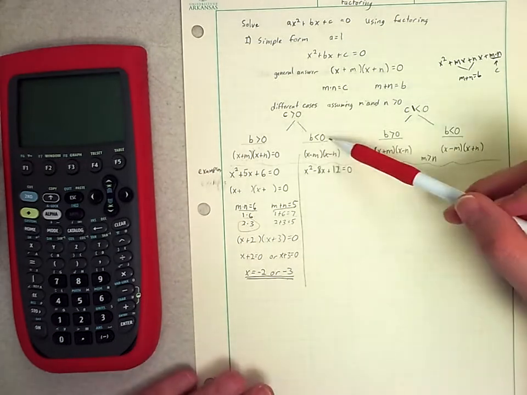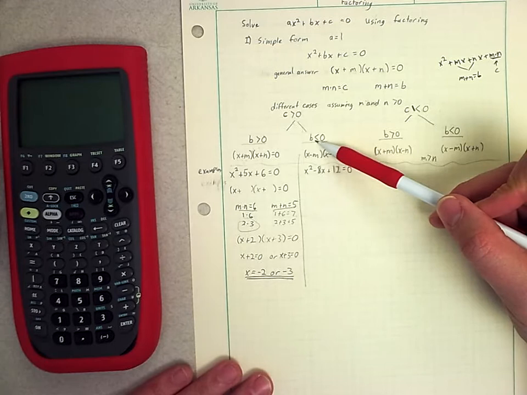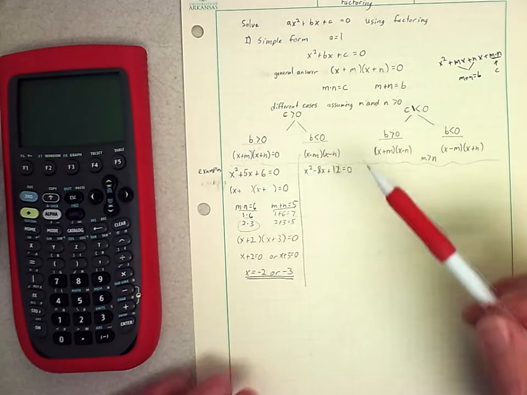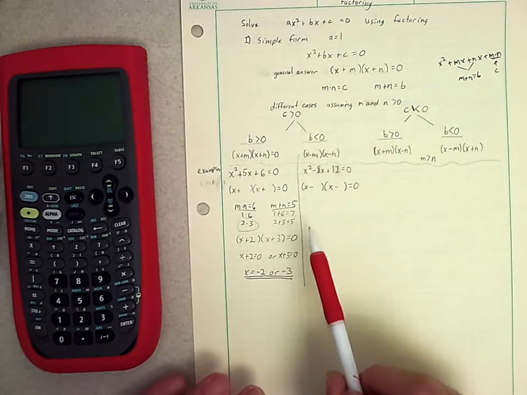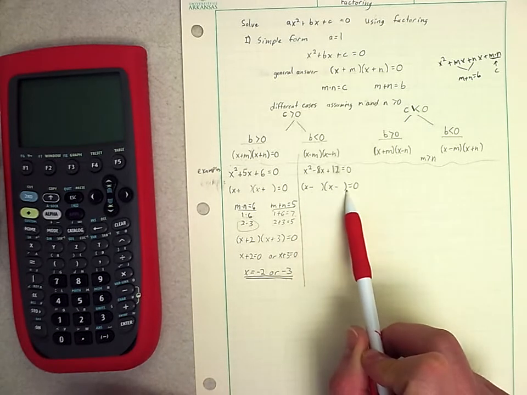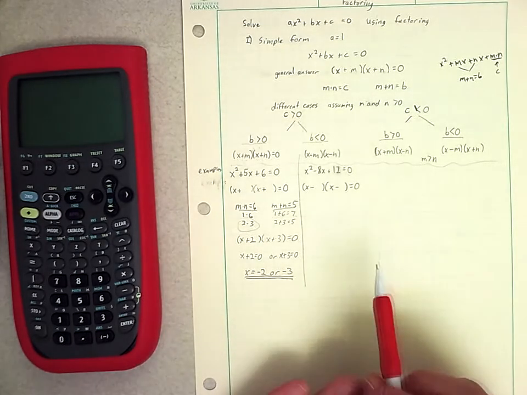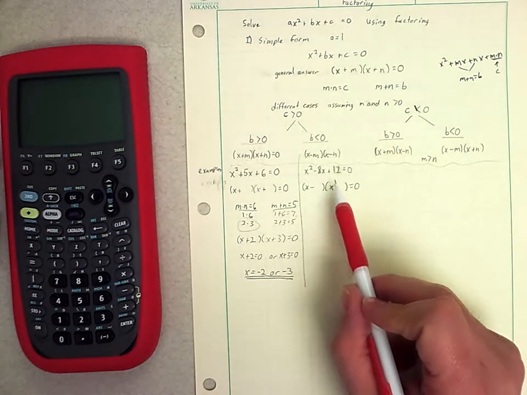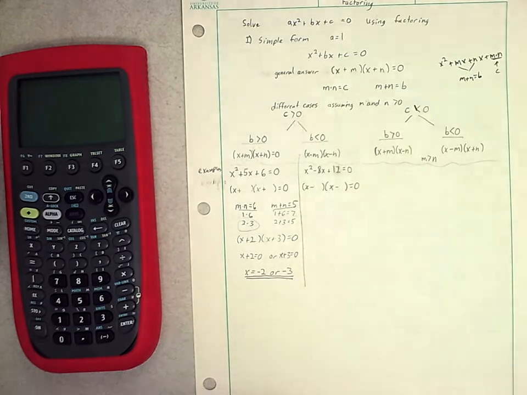Alright, so let's look at an example where c is positive, but the b coefficient is negative. So I've got x squared minus 8x plus 12 equals 0. Again, for that case, I know that I'm going to have x minus something times x minus something else equal to 0. The key point, again, is that when I multiply them together, I have to get 12, but when I add them together, I have to get 8.